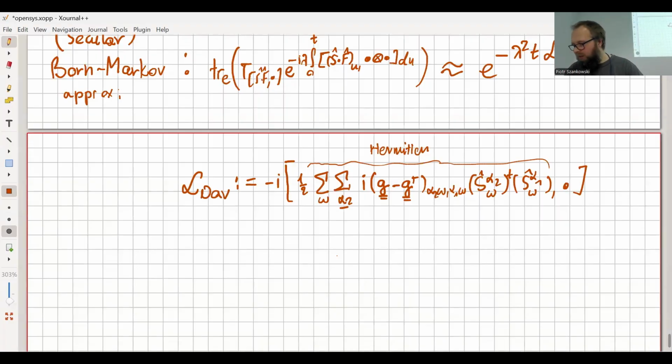So that's the one part. There we have plus sum over omega, sum over alpha.